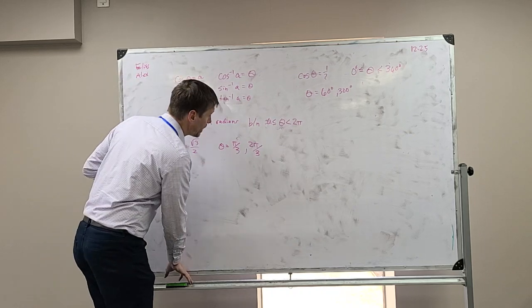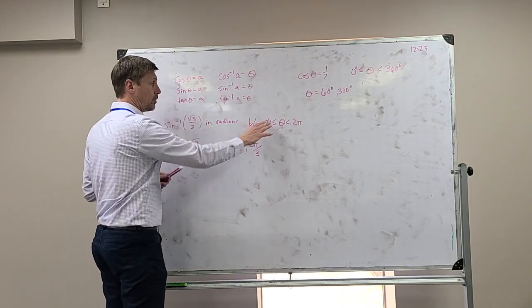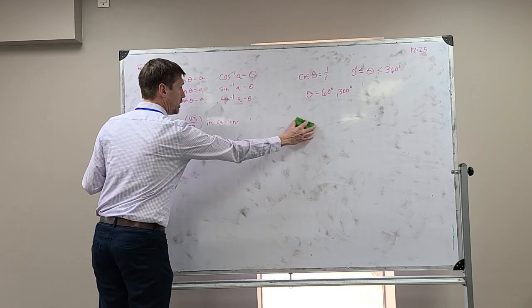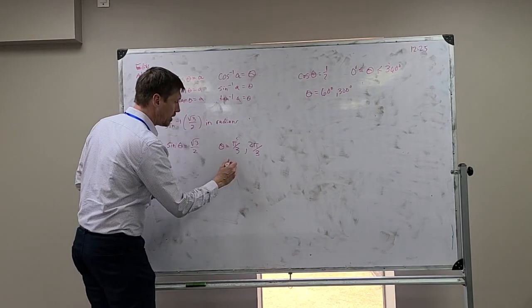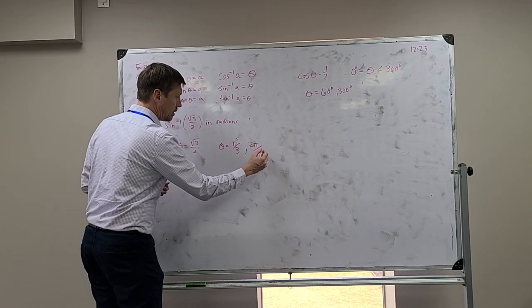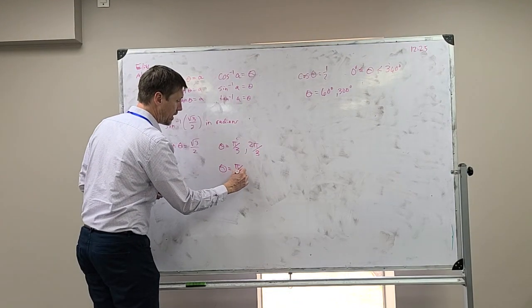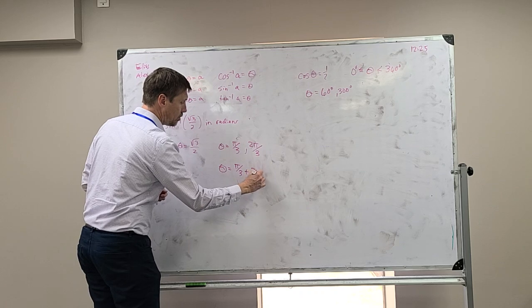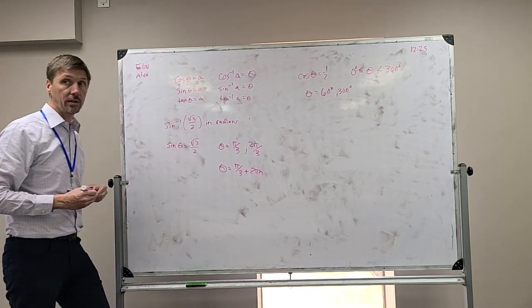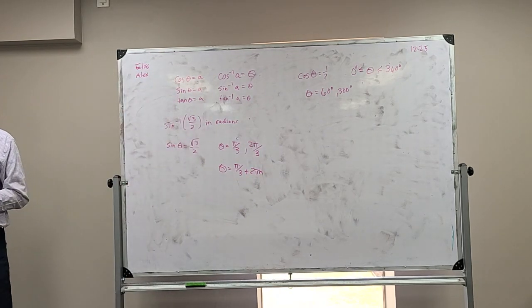So you want to add that to the solution when it's not limited. The short version is pi over 3, but the full version would be pi over 3 plus 2 pi times an integer n, because as I keep going 2 pi around the unit circle, I'm going to hit that point again.